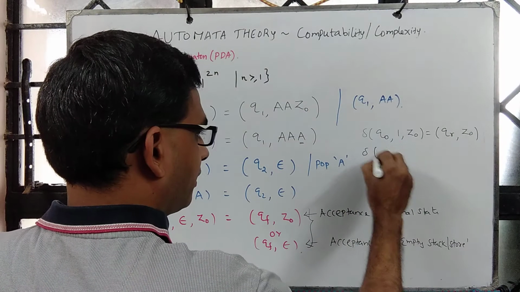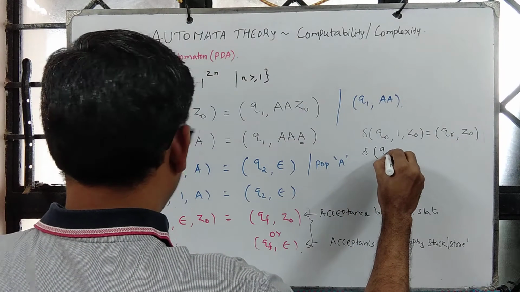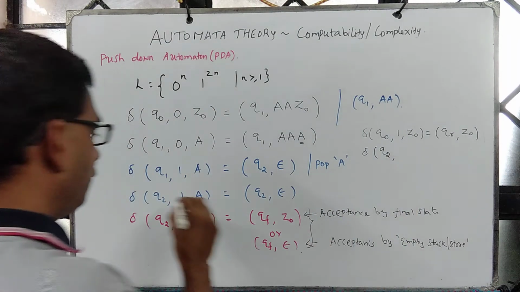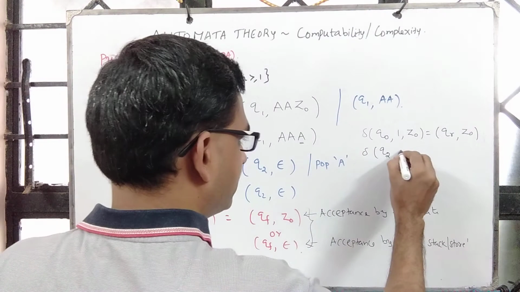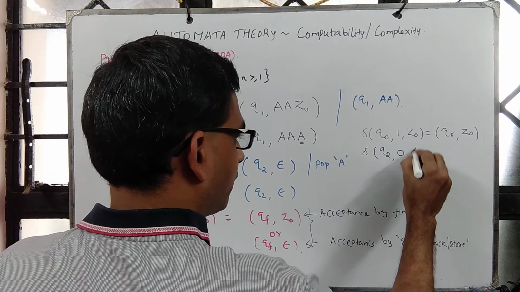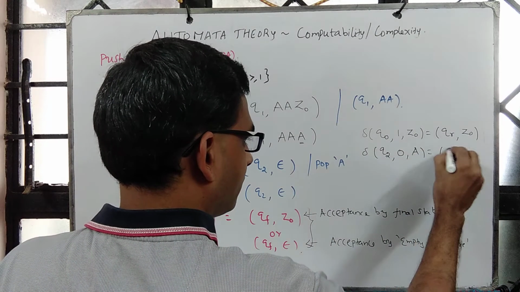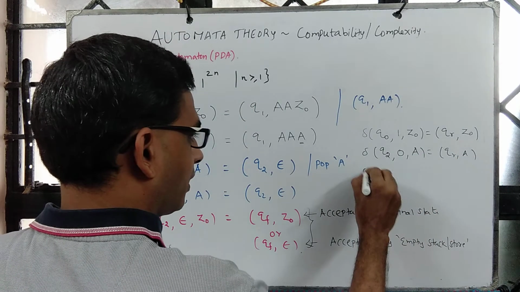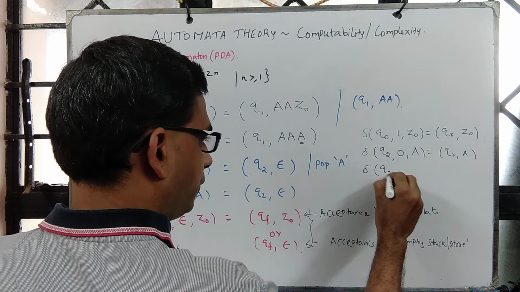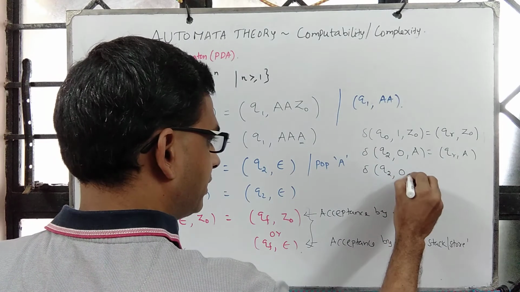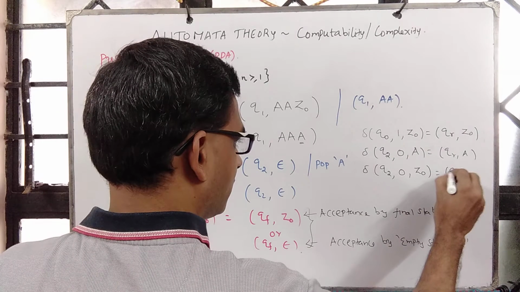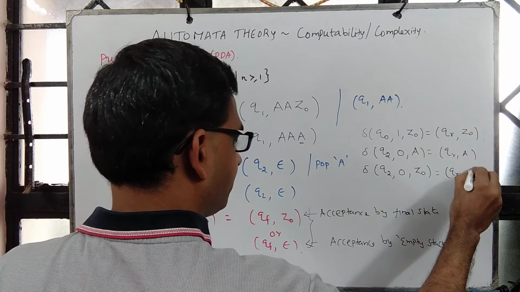Then when we are at say Q2, we look for 1, but you see a 0, top symbol is A, then it must be rejected. Or you are at Q2, you come across 0, top symbol is Z0, then also you have to reject.